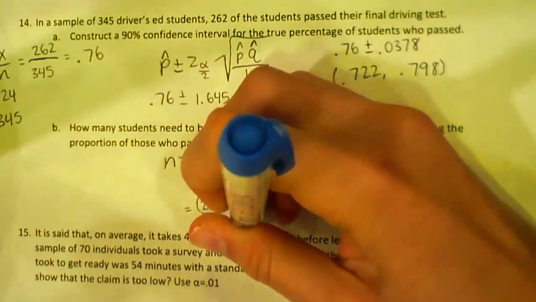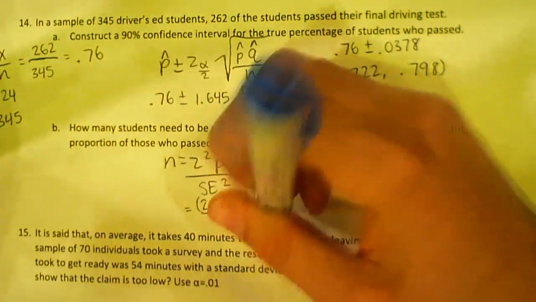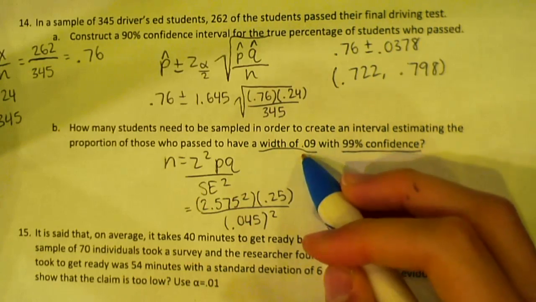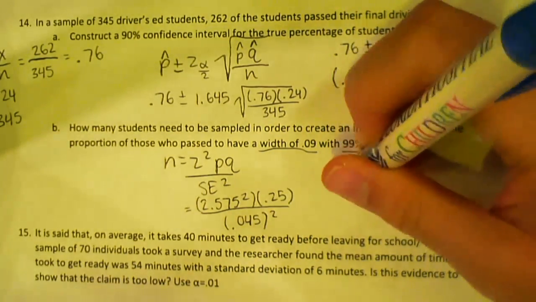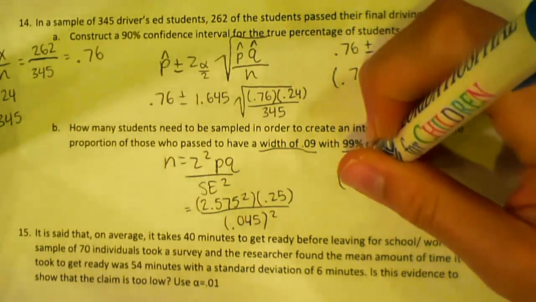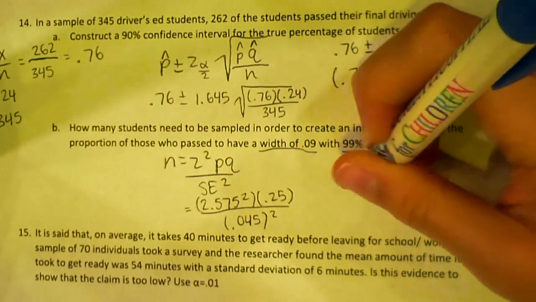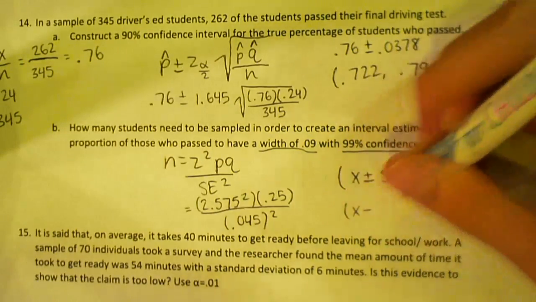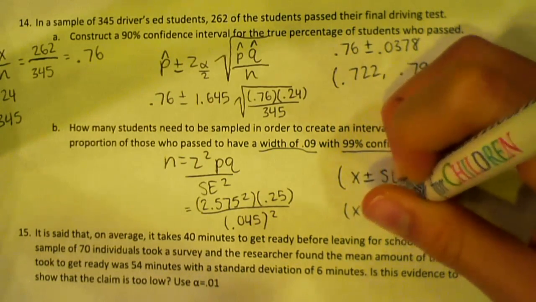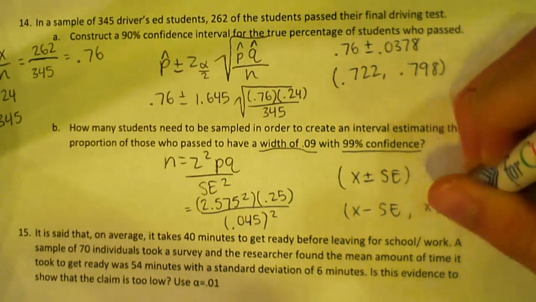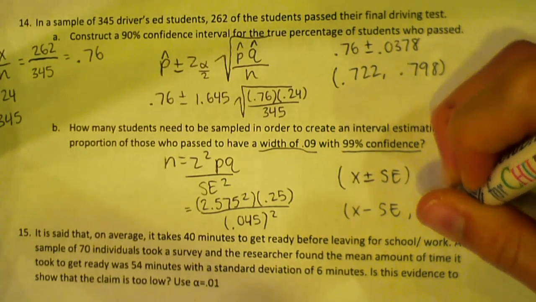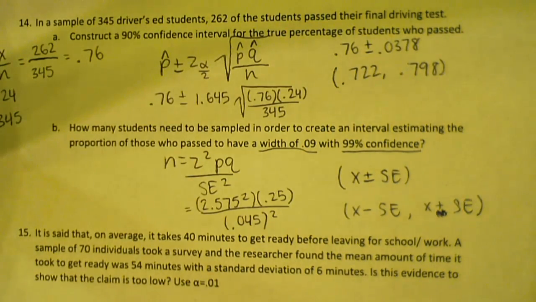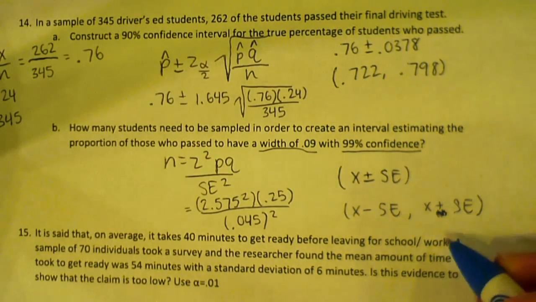Just to explain that really quickly, the entire interval width is 0.09. And when we're doing the interval estimate, it's plus or minus the sampling error. So we're subtracting on this side and adding on this side. So this entire thing is 0.09.